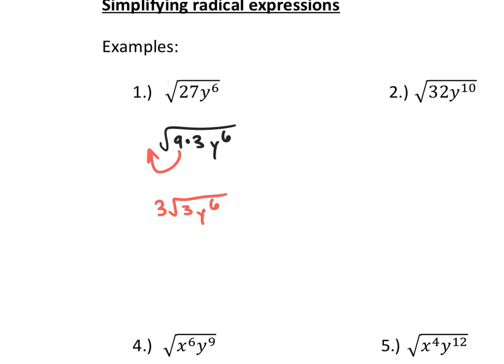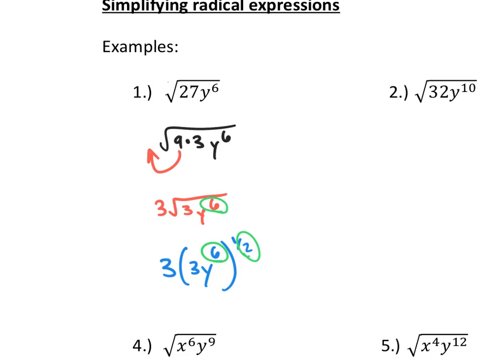Now, the way we're going to do this next part goes back to what we previously had looked at in Chapter 7, to where square roots are actually just something to the 1/2 power, like this. So essentially what's going to be going on is whenever we have an exponent underneath the square root, we're going to be dividing it into groups of 2.